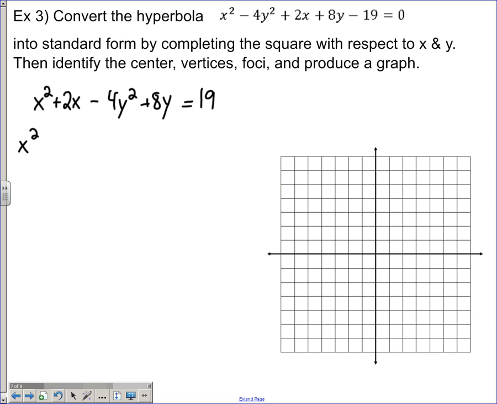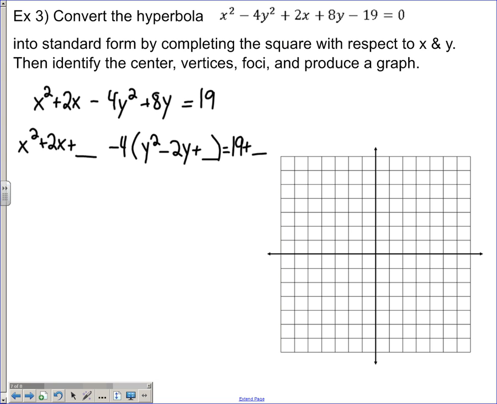Okay, complete the square with respect to x. I get x squared plus 2x plus a blank. Now my value that's multiplying the y squared term, I'm going to write that, so I get negative 4, parentheses, factor it out. I get y squared minus 2y plus a blank equals 19.